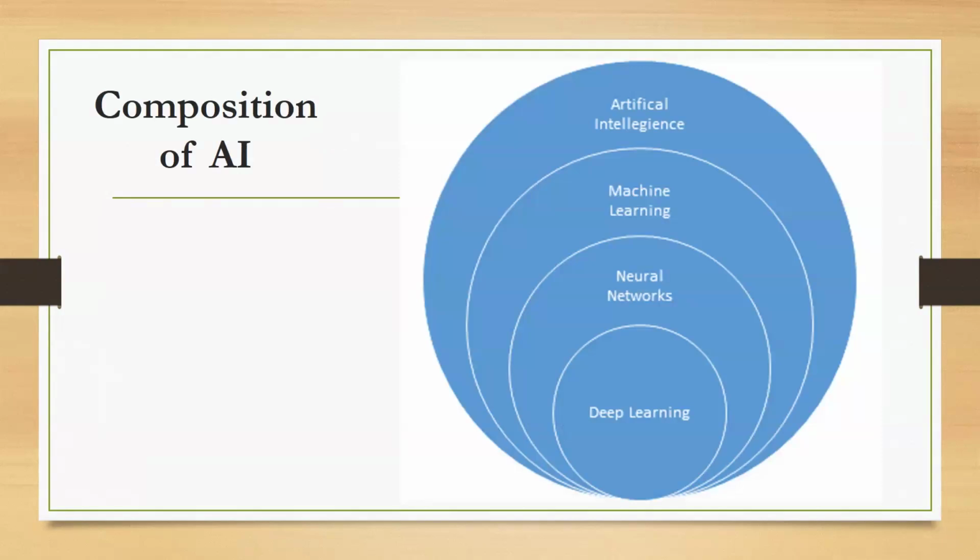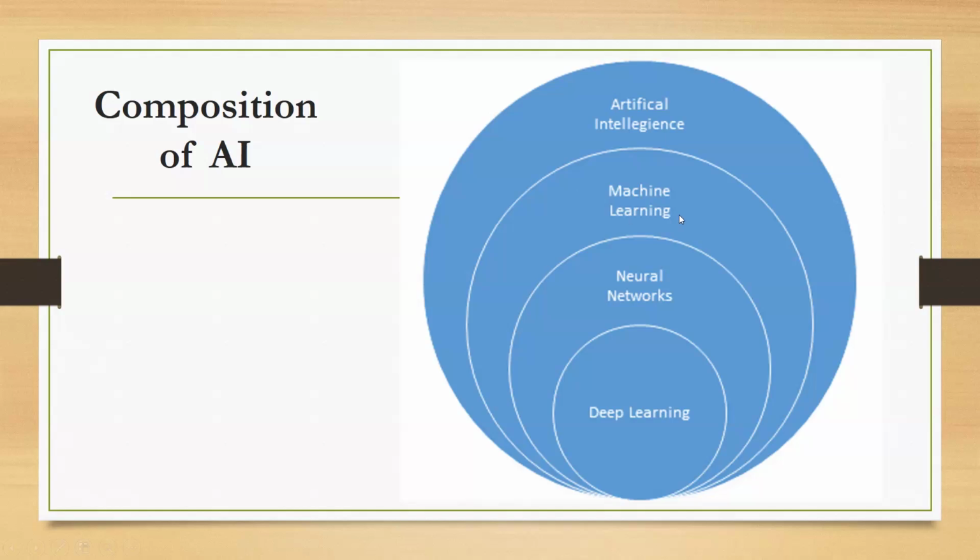Before I dive into the details of what is being done and how this data is being processed, I find it important to distinguish these terminologies in AI that are often confused with each other. AI itself is the bigger circle.